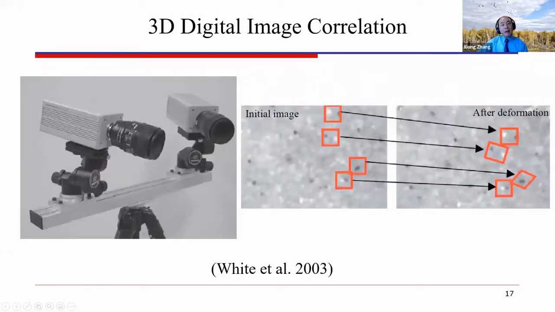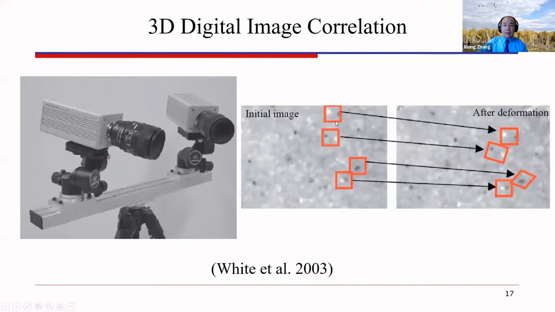So with the advances in digital cameras, some researchers also use digital image correlation to measure the volume change for unsaturated soils. So the idea is you can take 2 pictures of the soil specimen at the same location at different moments. The soil specimen actually has a texture.